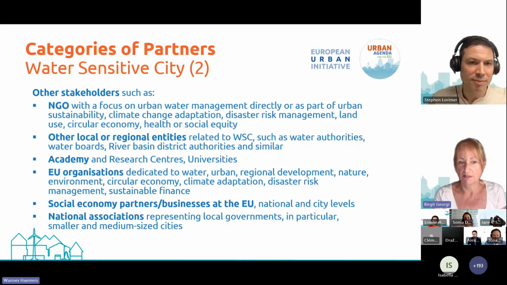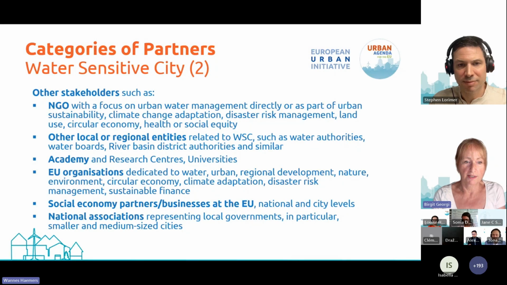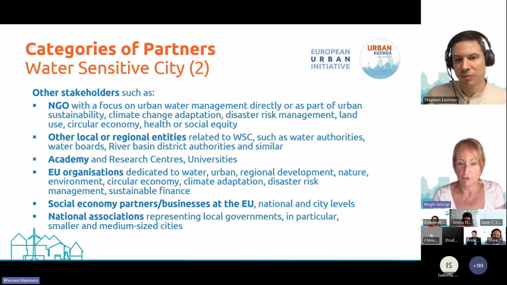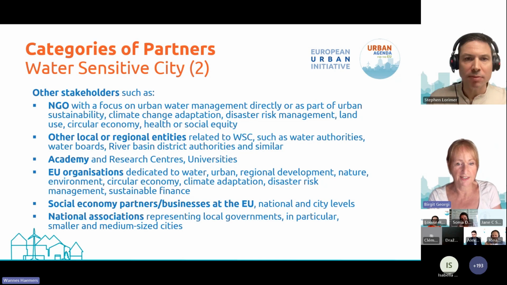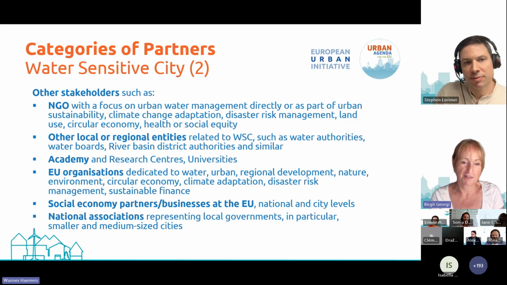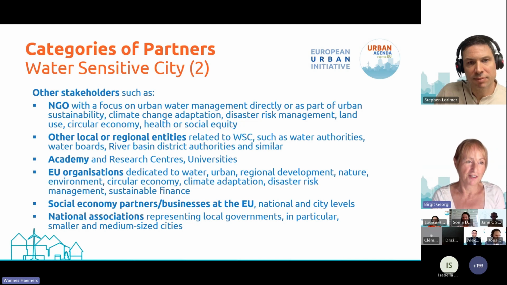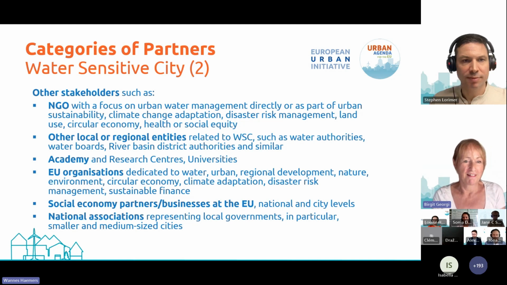Then, of course, academia and research centers, and EU organizations dedicated to the topics, social and economic partners and businesses at different levels, at EU level, at national level, as well as city level, and also national associations that represent local governments, in particular smaller and medium-sized cities, as we know it's more difficult for them to participate themselves. So there are many different categories, but having said that earlier, cities have a priority because it's the urban agenda, but the others are also very warmly welcome.